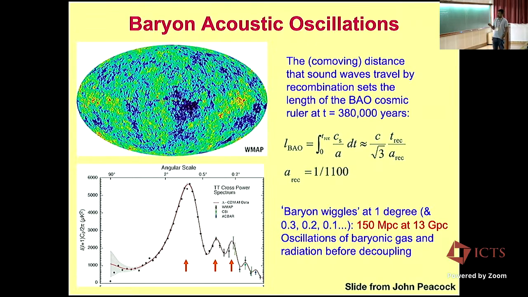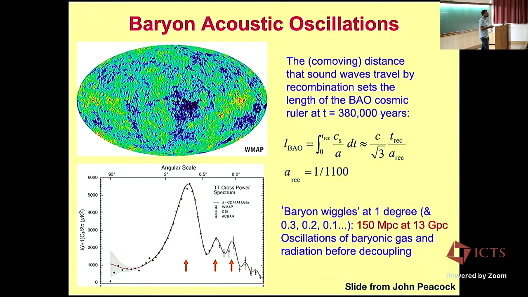So this is something you can calculate, but it depends on knowing a few details. For example, you need to know when recombination happened, and the scale factor of recombination. A galaxy survey alone does not have the information to measure this directly. The BAO scale you measure is a function of this scale, which we also call L BAO, or the sound horizon.